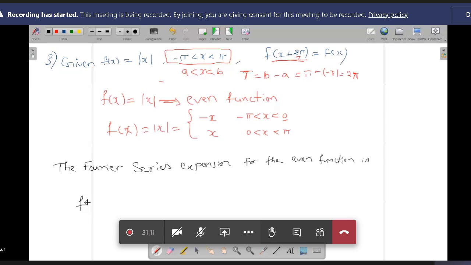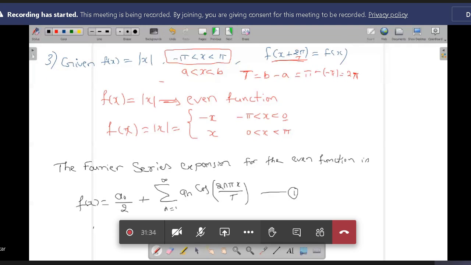F of x equals a naught by 2 plus summation n running from 1 to infinity an cos 2n pi x divided by t, is called as equation 1.